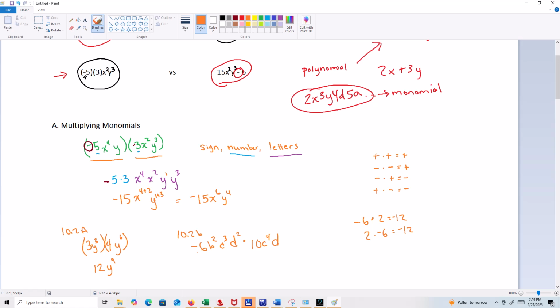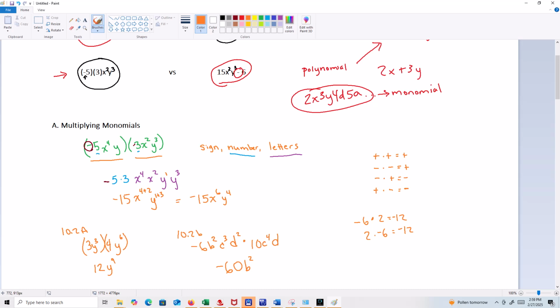All right, so we are going to multiply the negative 6 times the 10. A negative times a positive is a negative, so negative 60. And then we look to our b variable, and we see it's a b squared, and there's no b in the second monomial, so we'll simply say b squared. Then there's c cubed in the first monomial and c to the fourth in the second.